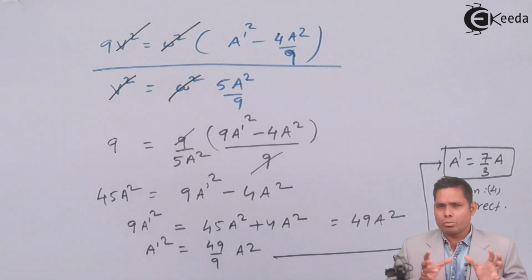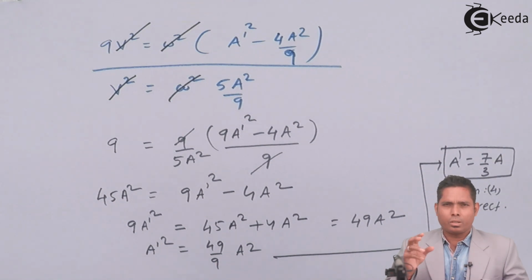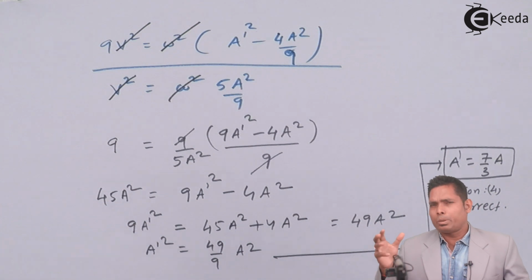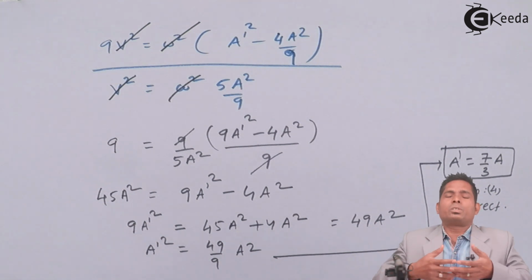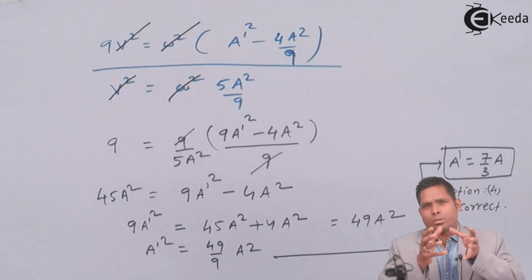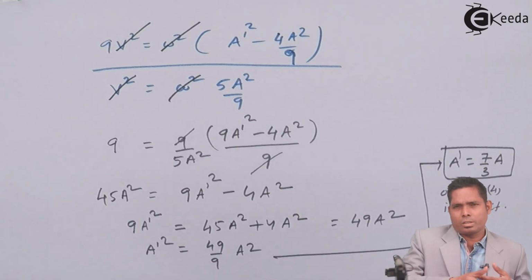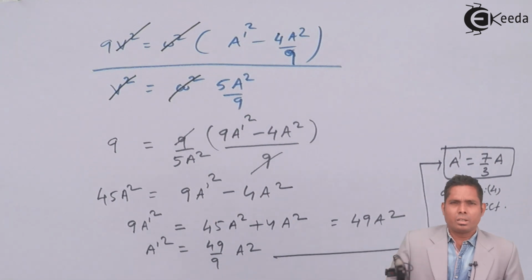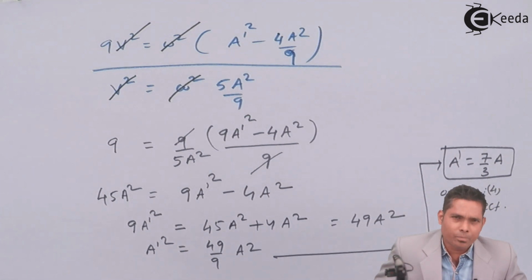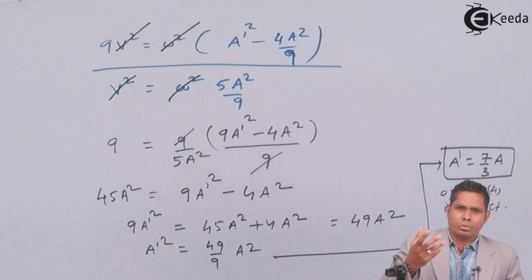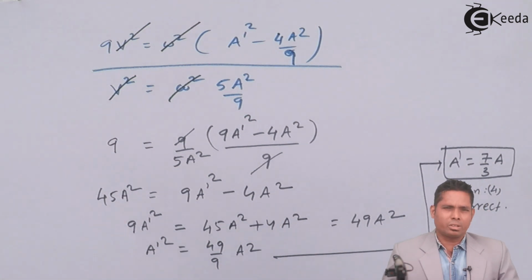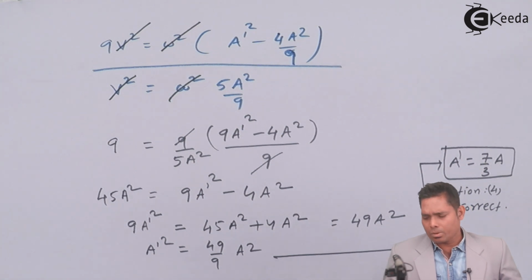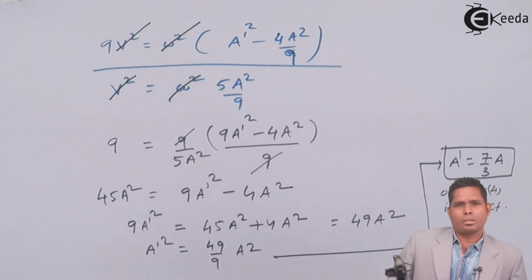We use this equation twice: once for the original velocity v corresponding to amplitude a, and once when the velocity becomes 3v, where the amplitude changes to a dash. Substituting and dividing, we solve to get a dash, which comes out to be 7 by 3a. Okay, thank you.